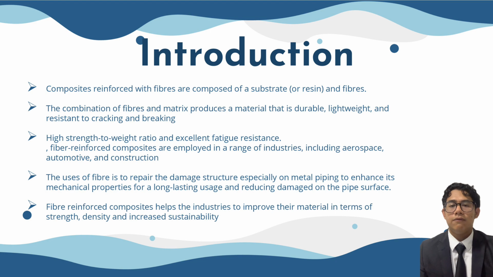FRP is used in piping and in oil and gas companies to prevent cracking and for long-lasting usage of the pipe. And last but not least, fiber reinforced composite also helps to improve sustainability in terms of strength, density, and less harm for the marine ecosystem.